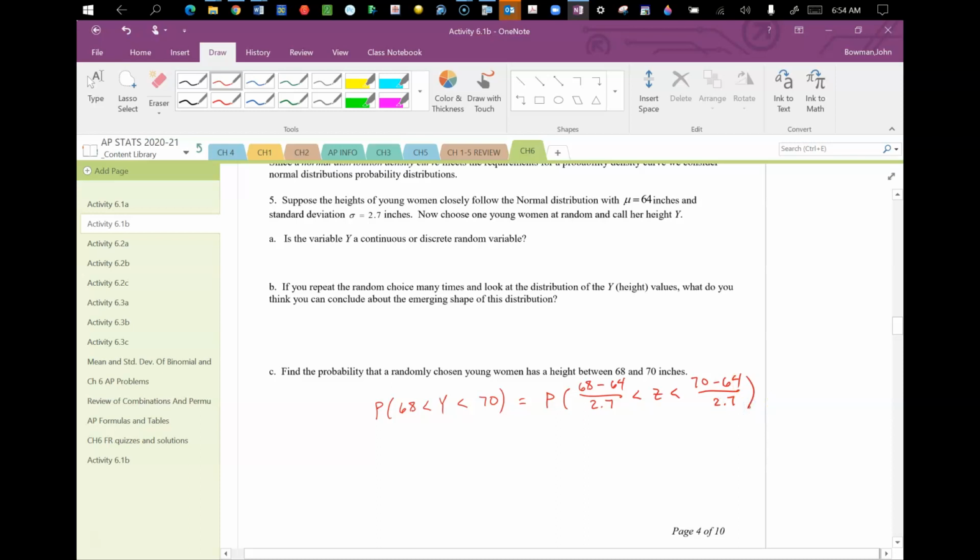And we're going to pause for a minute, convert those to z-scores, and then we'll find the area under the normal curve between those two values.